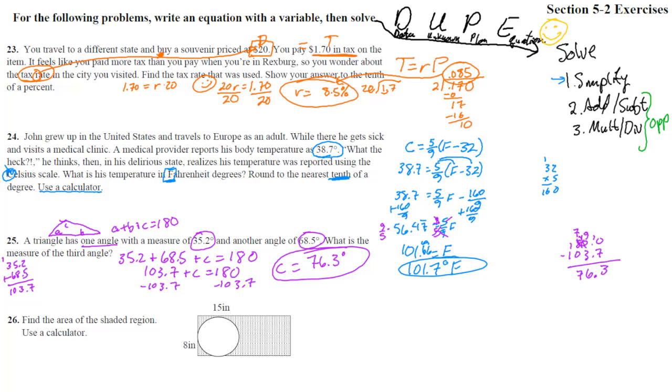All right. Next, find the area of the shaded region. Notice what we have here. This is a rectangle, where the area is length times width. That's for the rectangle right here, and it would cover all of this, which means we need to get rid of the circle.